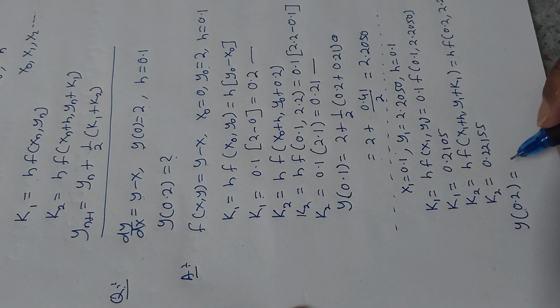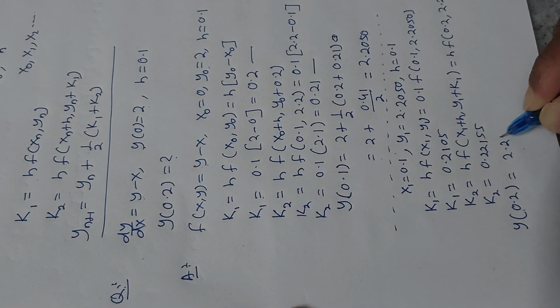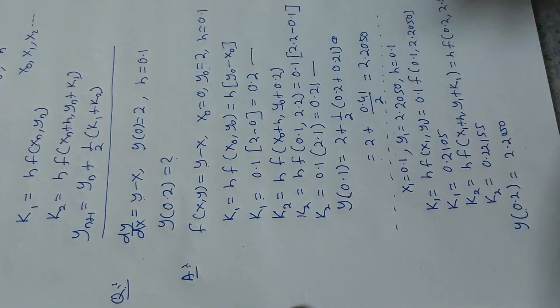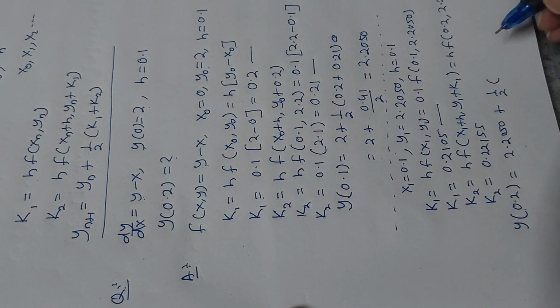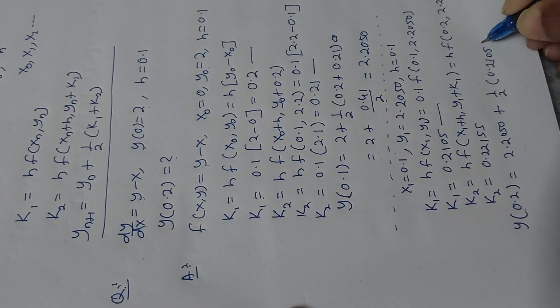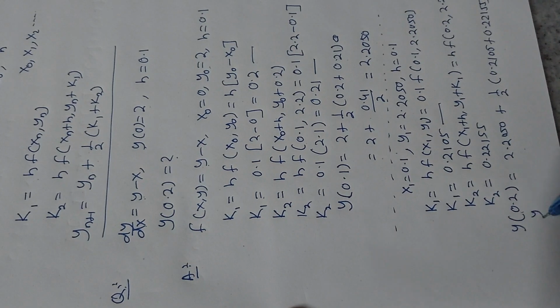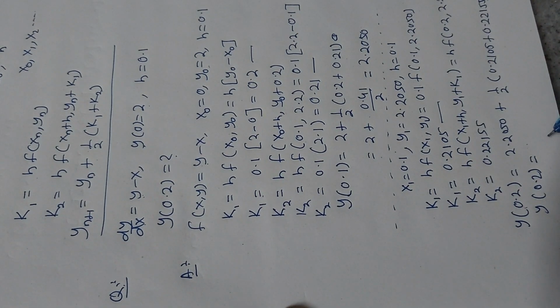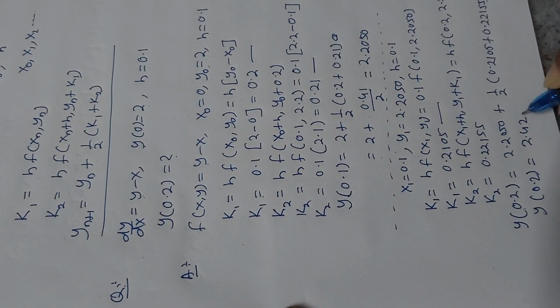y of 0.2 will be y when x was 0.1, that was 2.2050, because yn plus 1 is yn plus half into k1 plus k2, where k1 is 0.2105 and k2 is 0.22155. After calculation, the value of y when x is equal to 0.2 will be 2.4210.